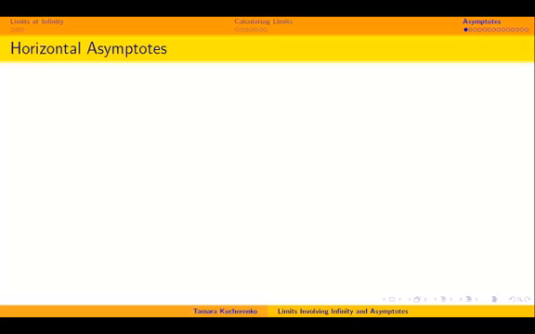Horizontal asymptotes describe the long-term behavior of a function, that is, what happens to the values of f of x when x becomes increasingly large positive or negative.